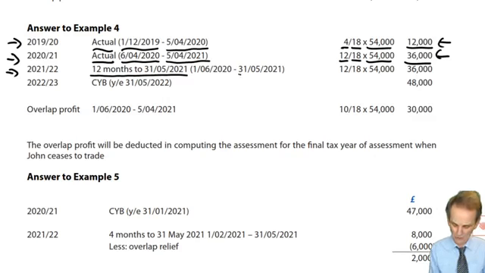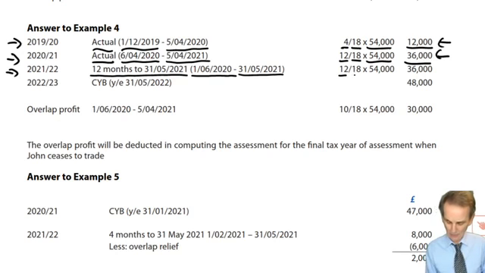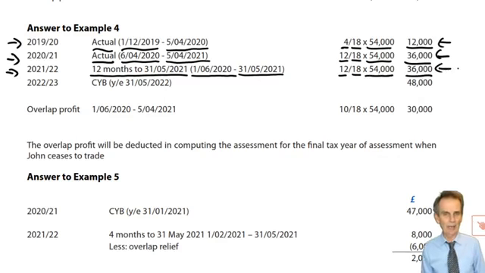So as we're going to the 31st of May 21, 12 months prior to that would have begun on the 1st of June 20. It is 12 months still out of the 18-month opening period in which we made the profit of 54. So yet again, it is £36,000 that is being assessed.